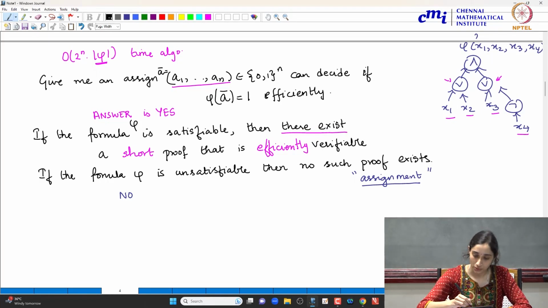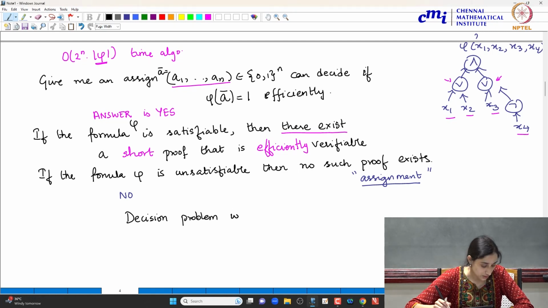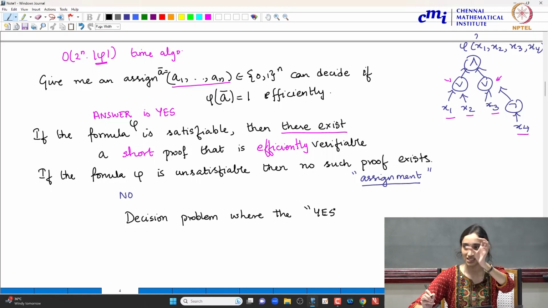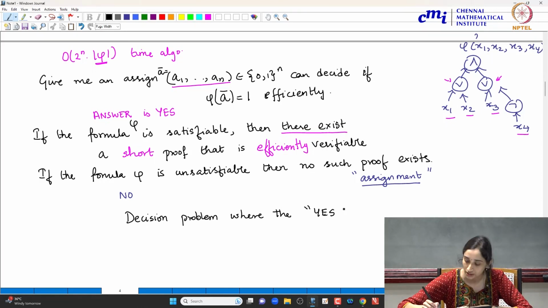And it's a decision problem that we are thinking of. At the moment, we don't know how to solve this problem. But there can be decision problems that have this property. Decision problem means that every input instance is either a yes or a no, there are only two possibilities.